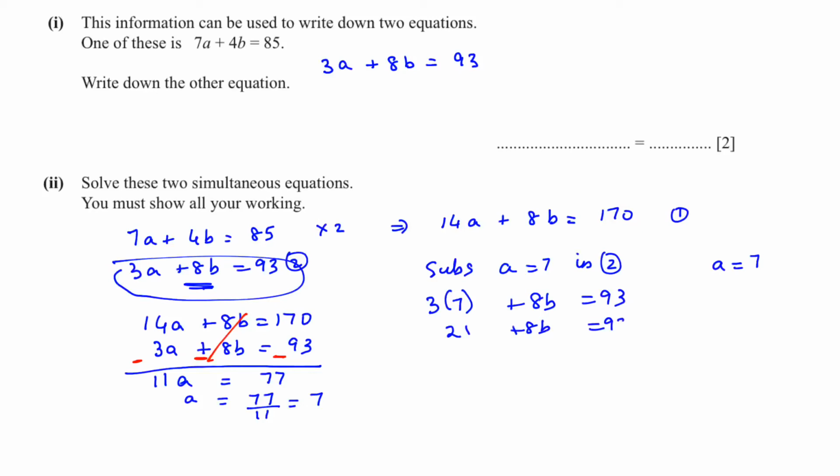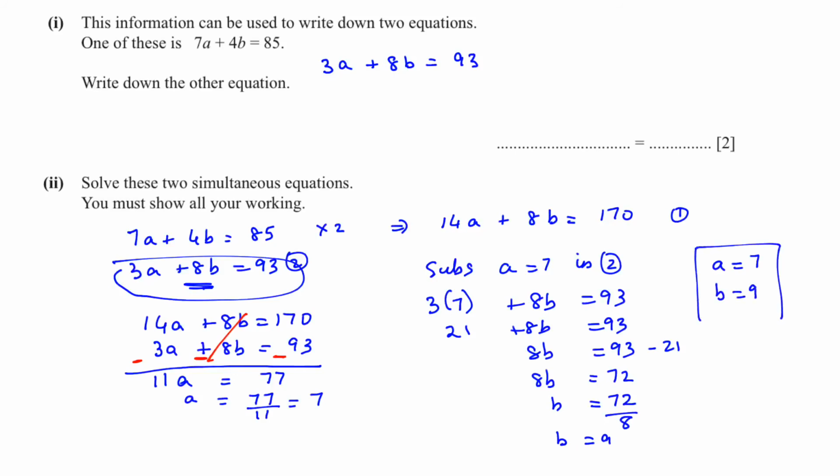Bring the 21 to the other side, it will become negative. 93 minus 21 is 72. Divide by 8 and you will get b is equal to 9. So these are our two values. a is 7 and b is 9.